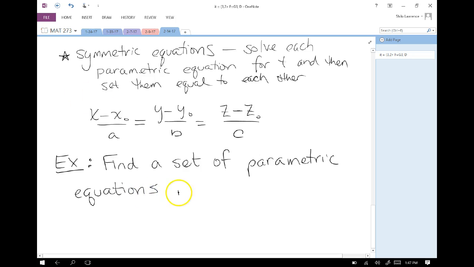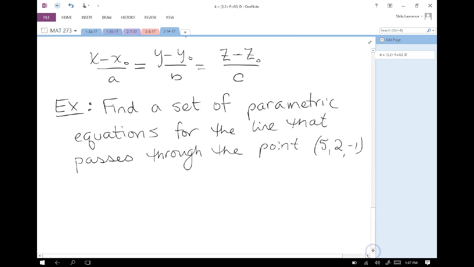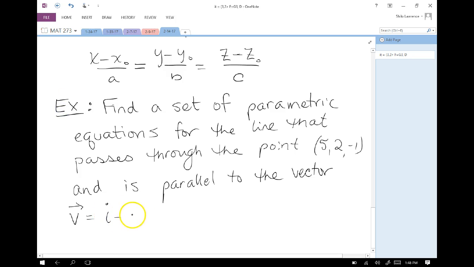Find a set of parametric equations for the line that passes through the point (5, 2, -1) and is parallel to the vector v equals i minus j plus 3k.